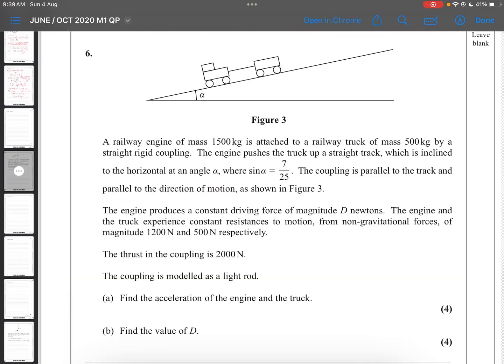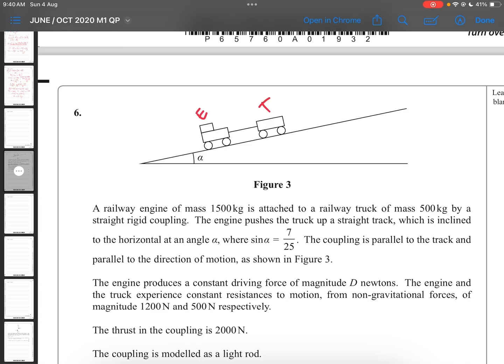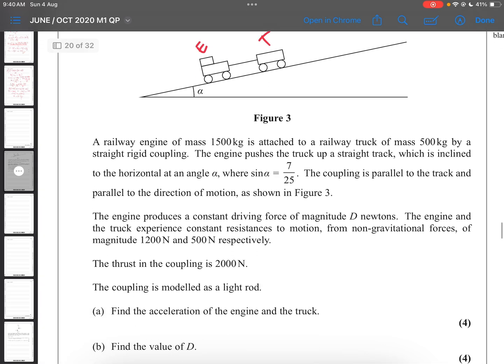So now question 6 says a railway engine of mass 1500 kg is attached to a railway truck of mass 500 kg by a straight rigid coupling. The engine pushes the truck up a straight track which is inclined to the horizontal at an angle alpha. The coupling is parallel to the truck and parallel to the direction of motion.